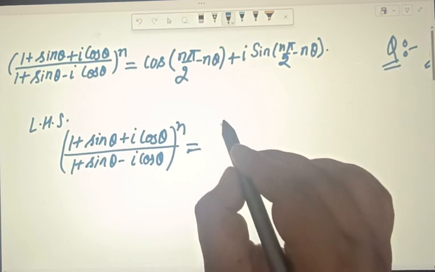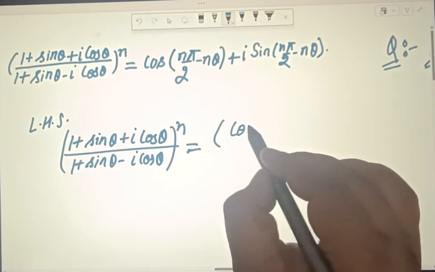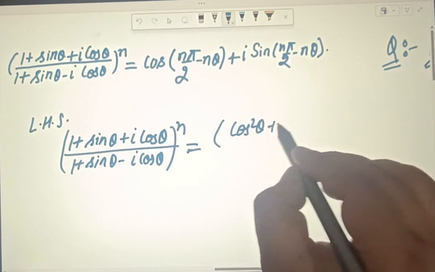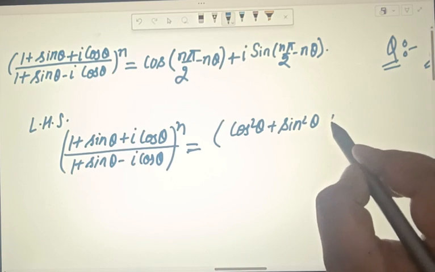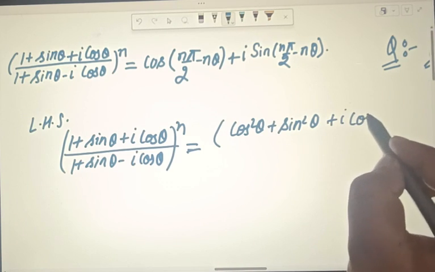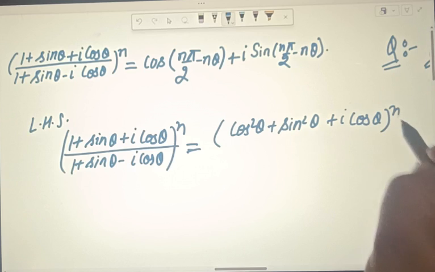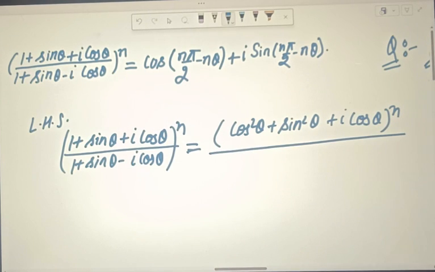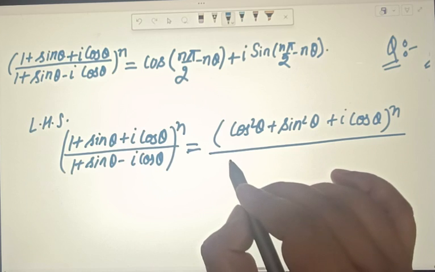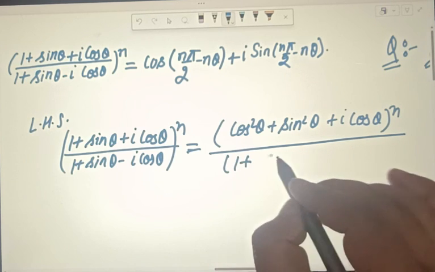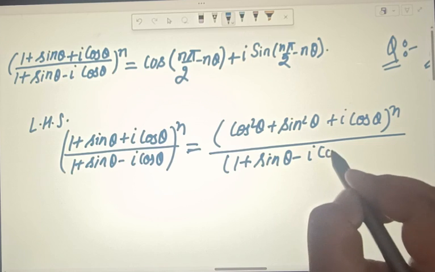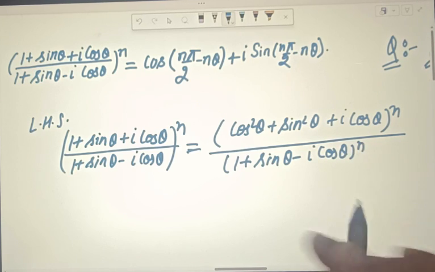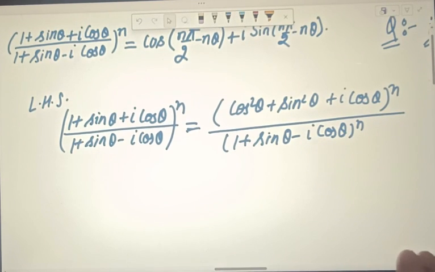I can write in place of 1 here cos square theta plus sine square theta, and then plus iota cos theta, to the whole power n. And in the denominator, 1 plus sine theta minus iota cos theta to the whole power n.